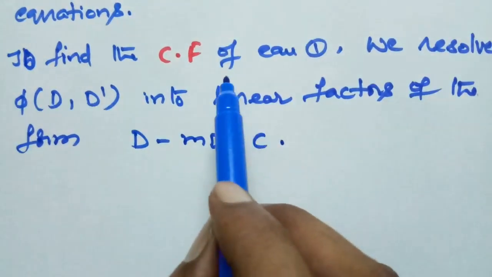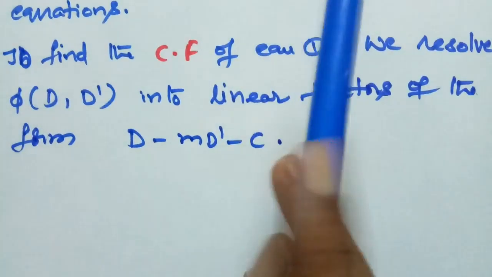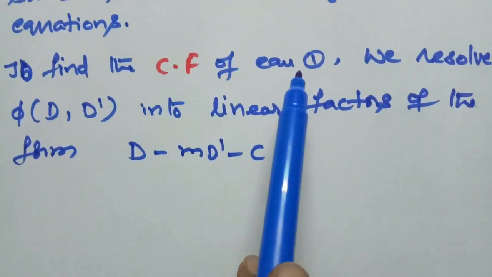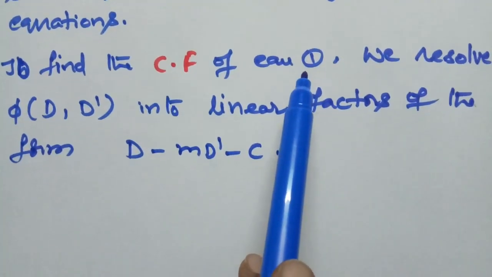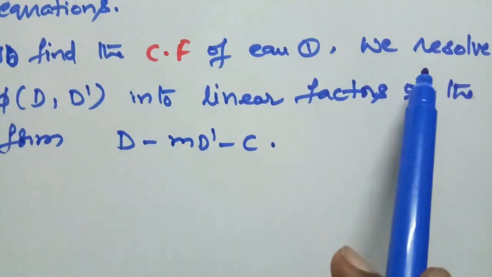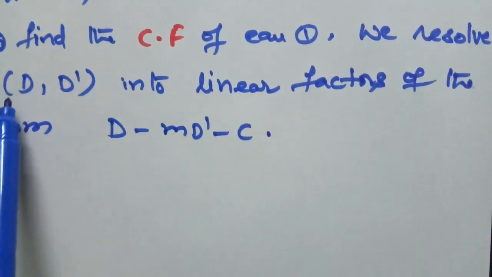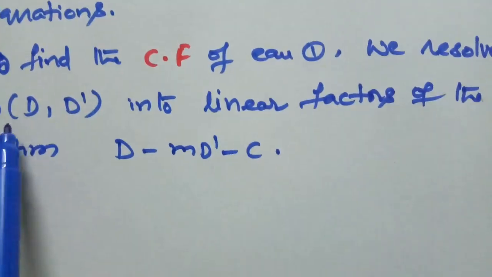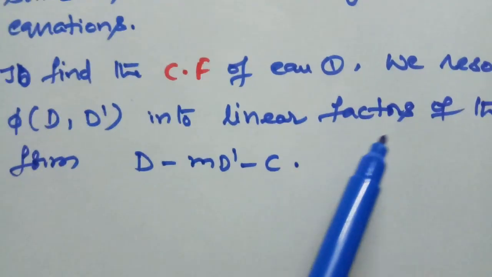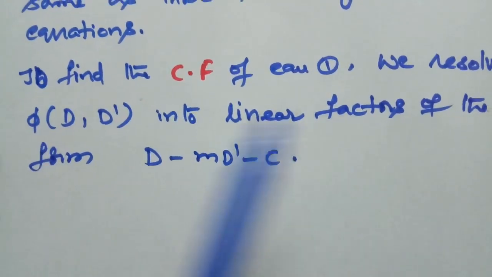To find the complementary function of equation 1, that means a non-homogeneous linear partial differential equation, we resolve the phi of D, D dash, polynomial in D and D dash, into linear factors of the form.